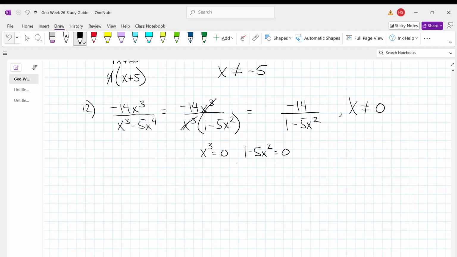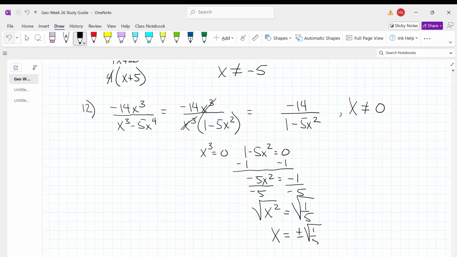And then if we subtract 1 from each side, negative 5x squared equals negative 1. And then divide each side by negative 5. X squared equals 1/5. And then if we find the square root of each side, then x is equal to positive or negative square root of 1/5.